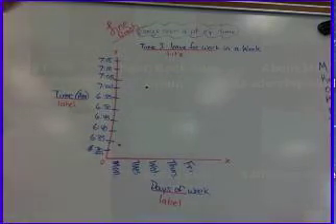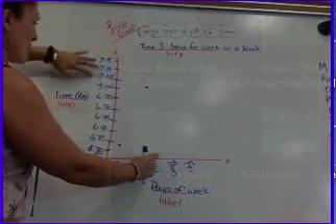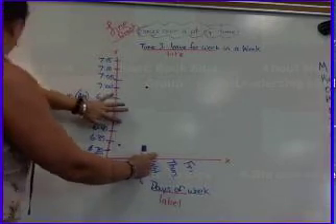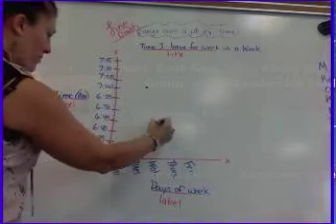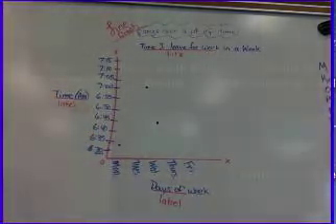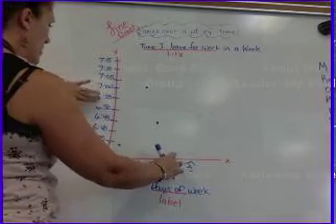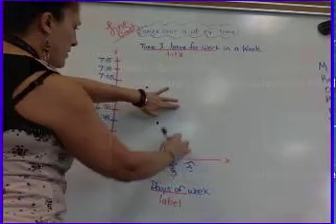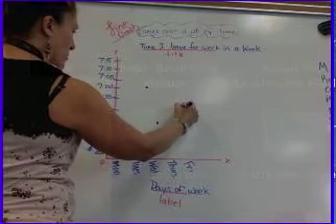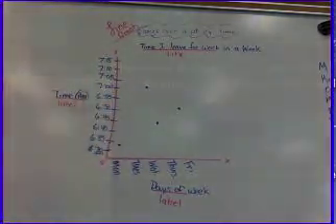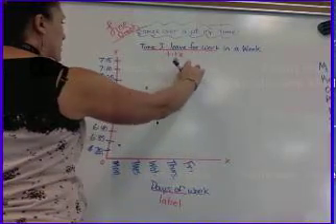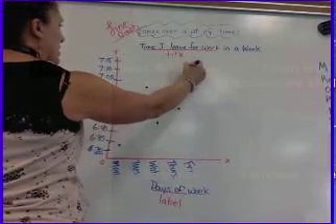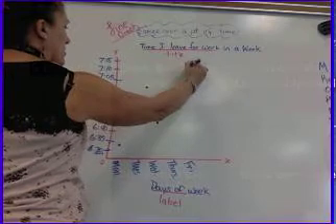Wednesday is 6:45, so I go to Wednesday, I find 6:45, and I'm going to make them meet right on the 6:45 line. Thursday was 6:53, so I find Thursday a little below 6:55, and I'm going to put Thursday right there. Friday was 7:12, so here's Friday. It's a little above the 7:10, so I'm going to come across to there.